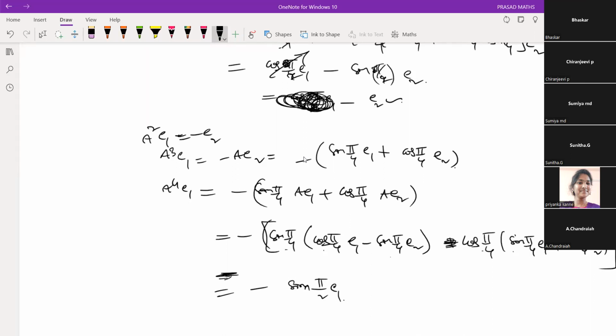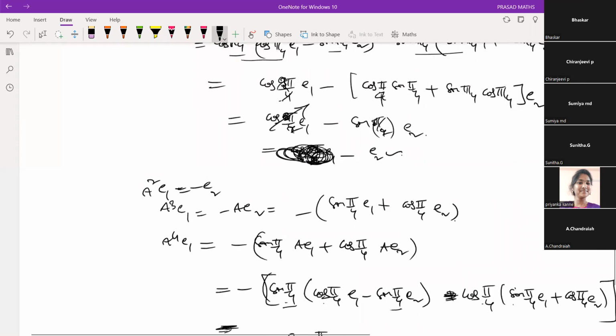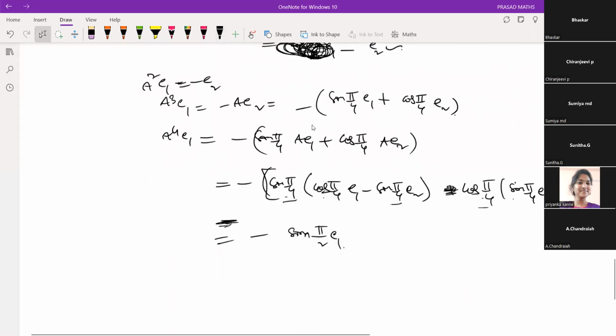Next, this is sin pi by 4 sin pi by 4 minus cos pi by 4 cos pi by 4. What is this? Cos A plus B, minus of cos A minus B. So minus common cos A minus B means cos 0, that is nothing but e2. Is it clear?